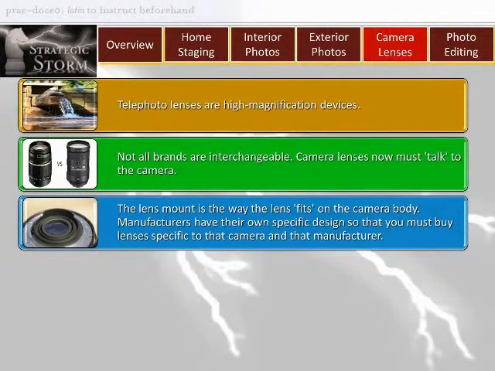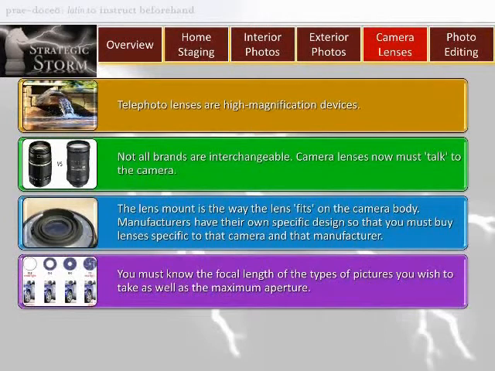Right lenses for the right job. Knowing what you intend to use the lens to capture helps you narrow the decision of the type of lens you purchase. You must know the focal length of the types of pictures you wish to take, as well as the maximum aperture. A normal lens is akin to what the human eye sees, as we've mentioned, usually a 50mm lens that comes standard with a 35mm camera.